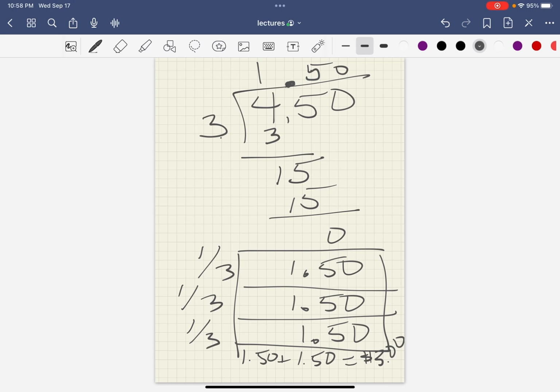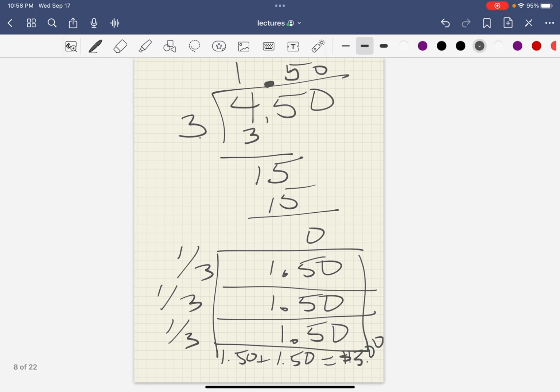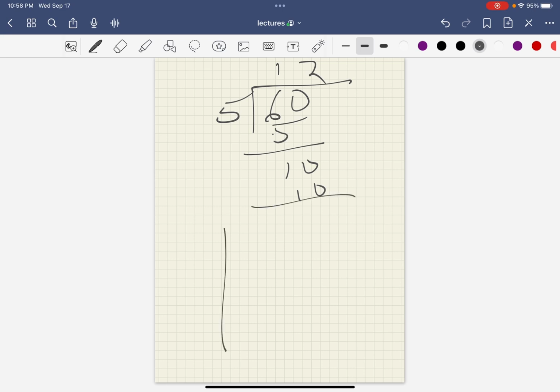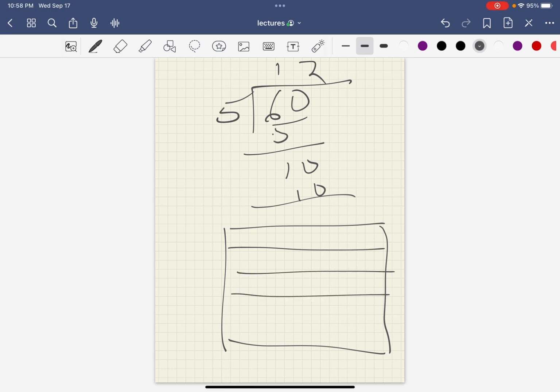All right, so the denominator of the fraction tells you how many groups you're going to break it up into. Okay, so you'll divide that denominator into whatever your total is. So in the next one, the total is 60. The denominator of the 4/5 is 5, so we divide 60 by 5. So each group is going to be 12. So we have 5 groups, and each one of these is 12.